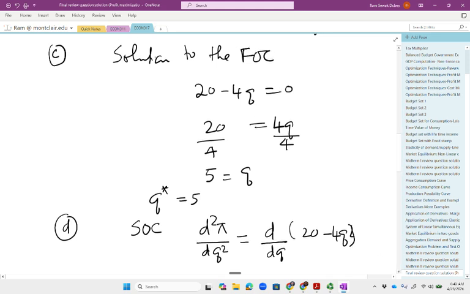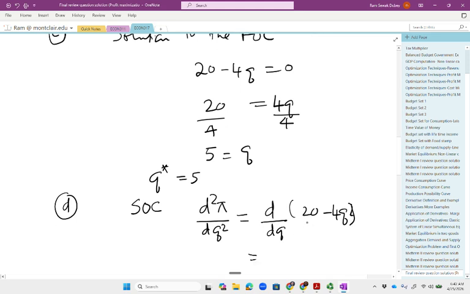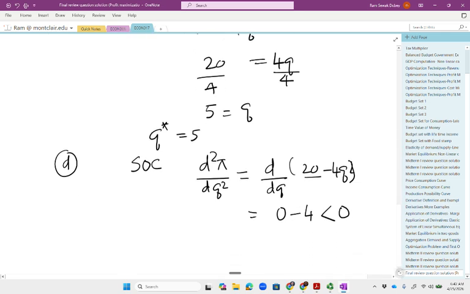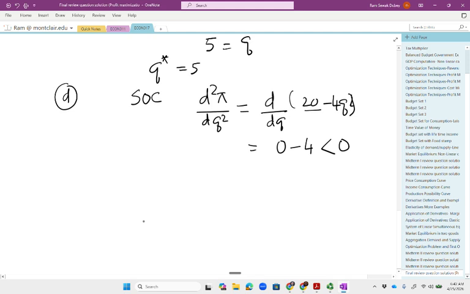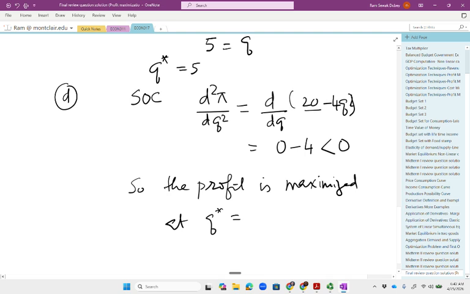The derivative of the first term, 20, is 0, it's a constant. The second term, minus 4q, gives negative 4, and you can see it's a negative number. So whatever solution we obtain of the first order condition must give us a maximum. So the profit is maximized at q star equal to 5.